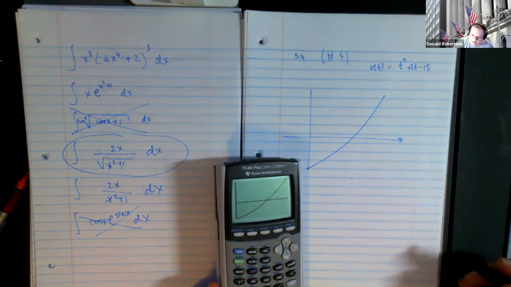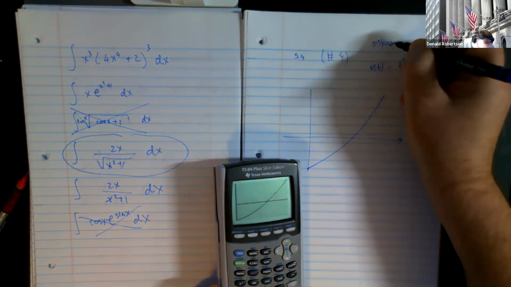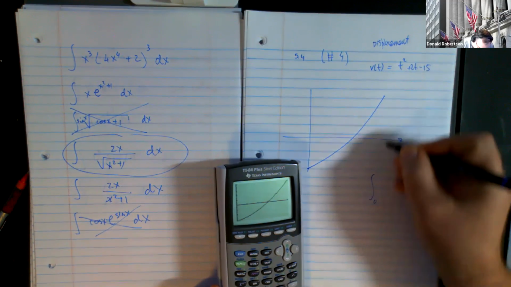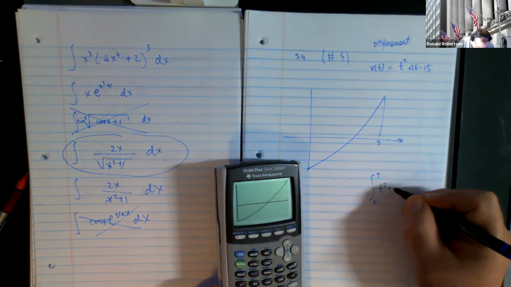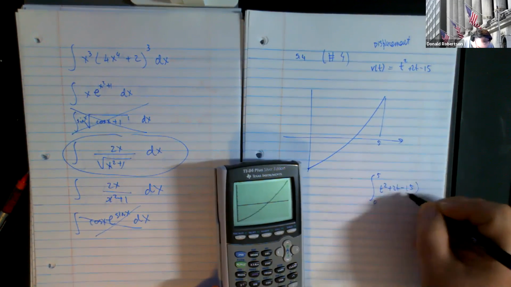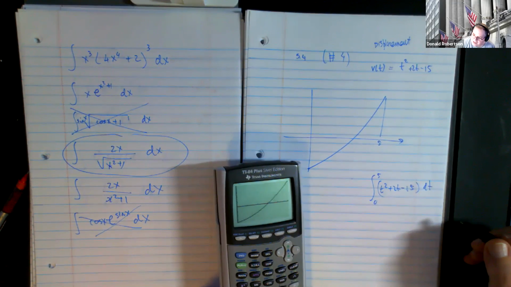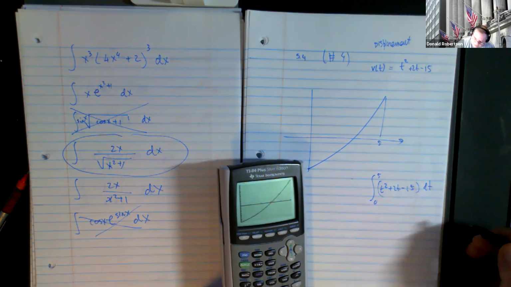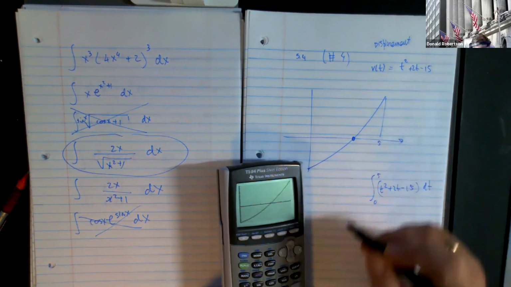Now, if they had asked for a word called displacement, if they'd used that word, you would have done the integral from 0 to 5 of t squared plus 2t take away 15 dt, and you would have got the right answer. But it didn't. It said distance travelled, which means that you need to find out where that guy crosses.